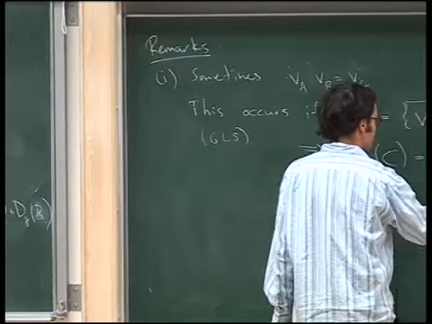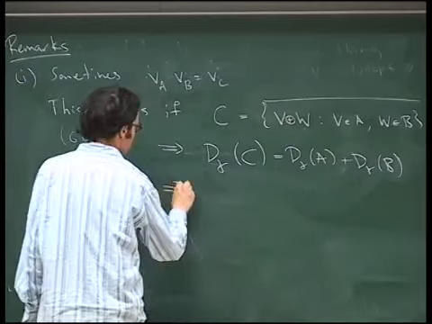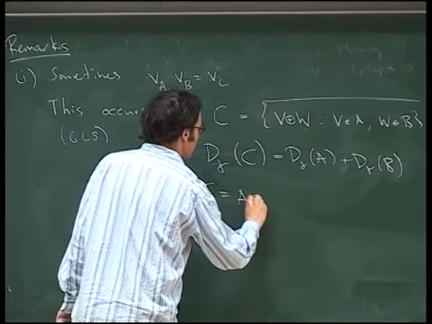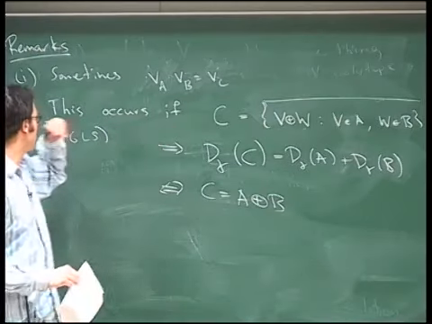So C is the Minkowski sum of A and B. I think this is actually if and only if.